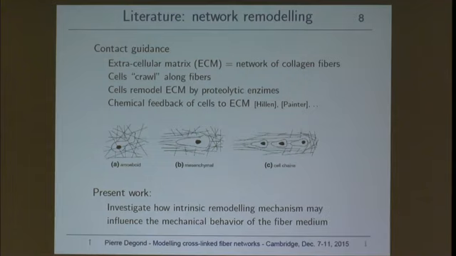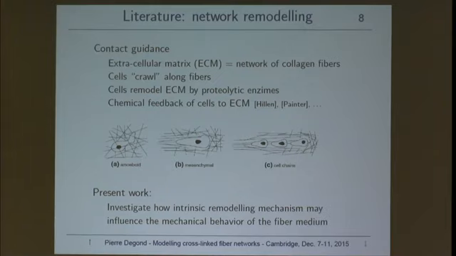So they cut some fibers, they create some new fibers, and so on. But here I'm not going to address this question. I'm going to try to see if you have intrinsic remodeling phenomena, how they may influence the mechanical behavior of the fiber medium. I'm not going to say that there are intrinsic mechanisms, I'm just going to explore, if there are such mechanisms, what you could deduce about the mechanical behavior of the fiber medium.